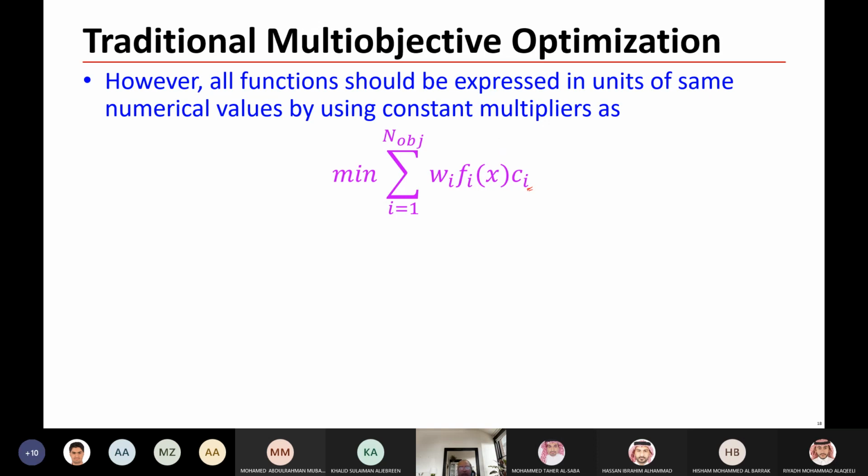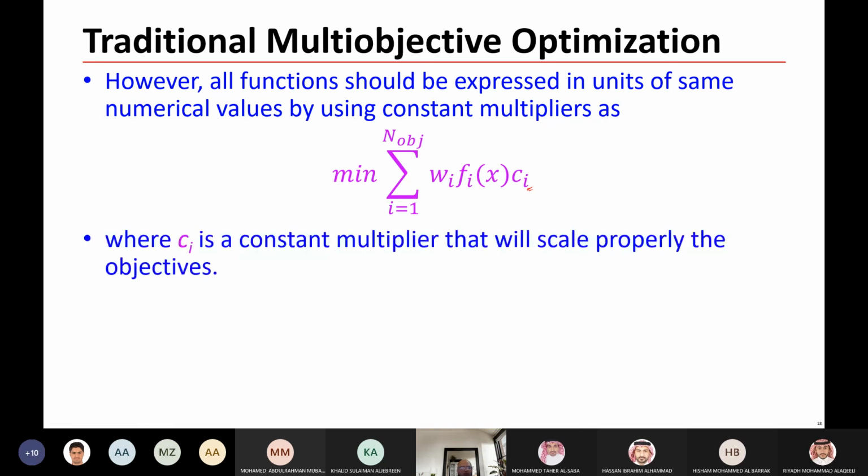So this is now the objective. If you want to skip this scaling factor, you can normalize the objectives. Alternatively, we can normalize all the objectives and make all the objectives in the range between 0 and 1.